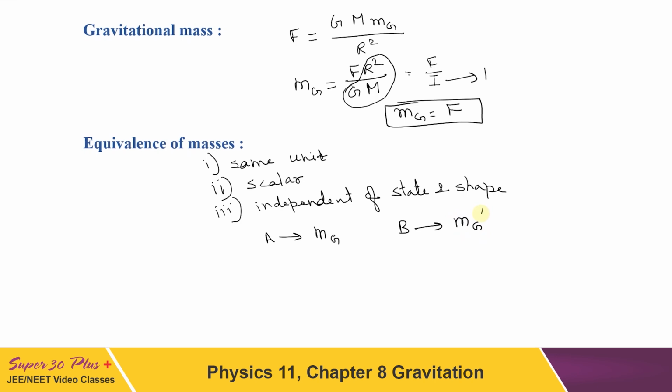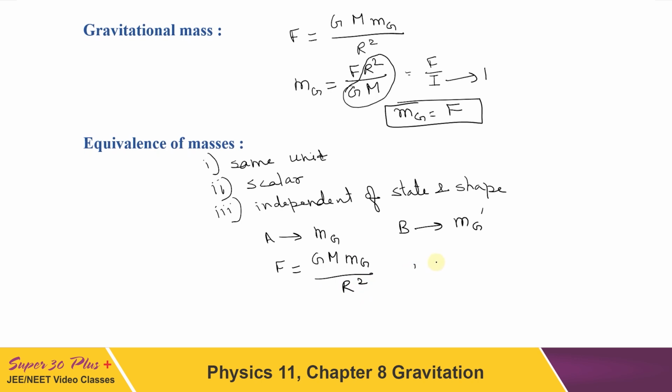So if m be the gravitational mass of body C, that is the third mass that we have considered to be earth, then from Newton's law of gravitation we can write the gravitational force exerted by earth on A as F equal to G m mg upon r square.